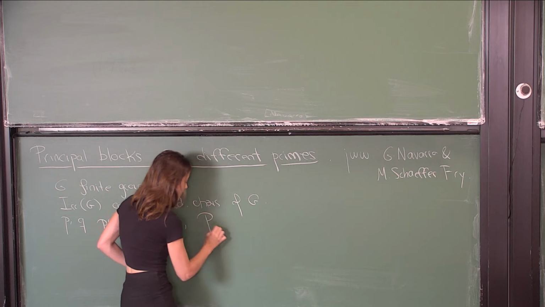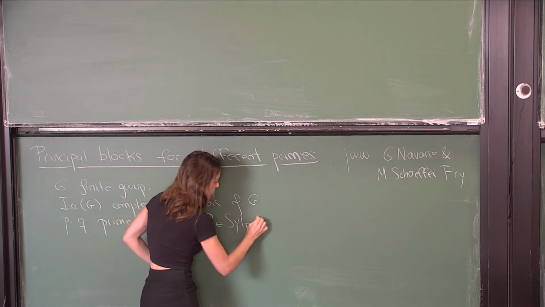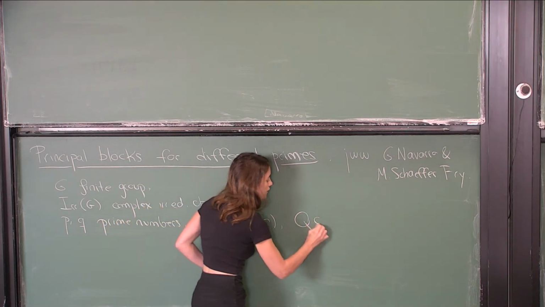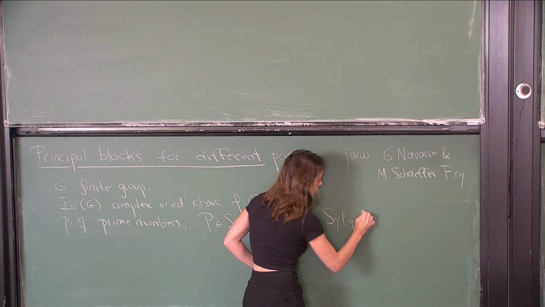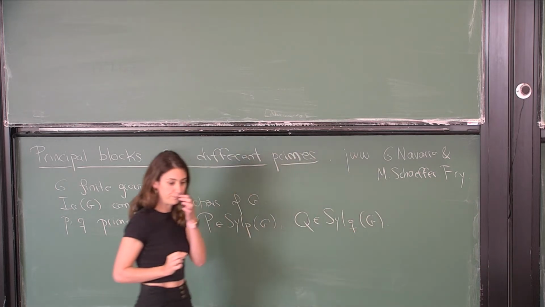Capital P will denote a Sylow p-subgroup of G, and capital Q will denote a Sylow q-subgroup of G.